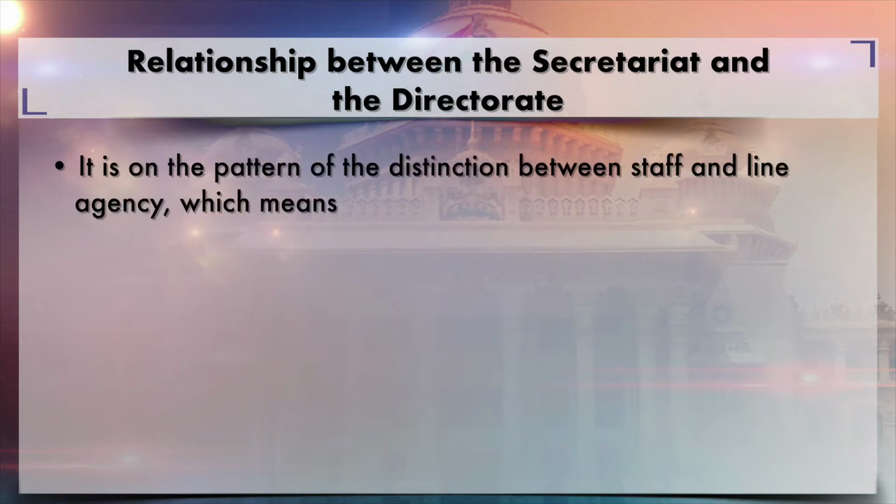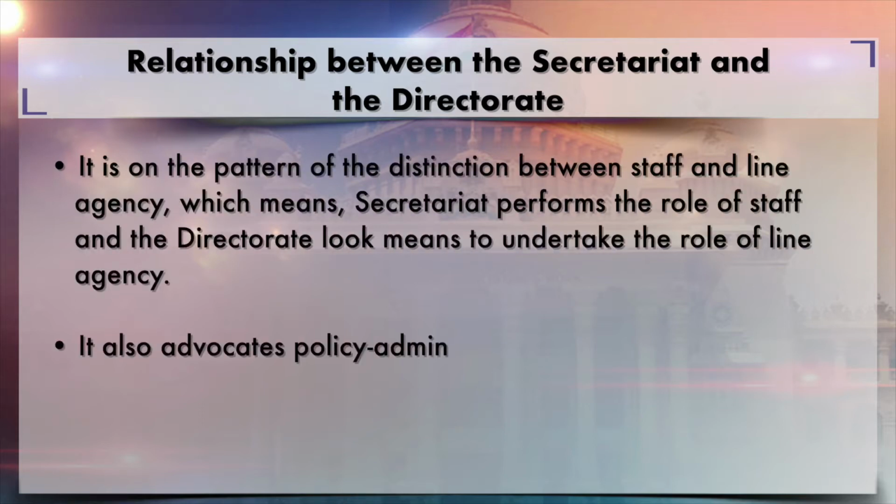It is on the pattern of the distinction between staff and line agencies, which means the Secretariat performs the role of staff agency and the Directorate looks after the means to undertake the role of line agency. In other words, we can say that the Directorate acts as the line agency, or this approach also advocates the policy administration dichotomy.